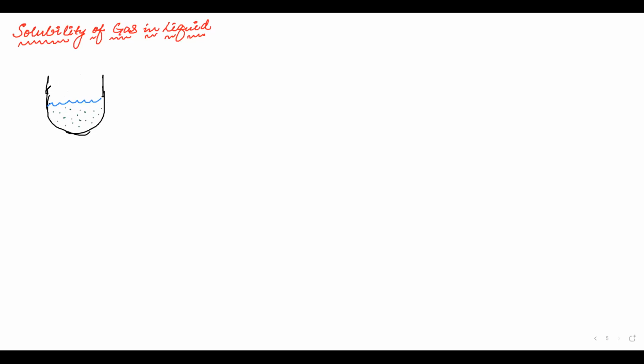The escaping tendency of H2O molecules, that is liquid, or the escaping tendency of gases, which can escape much more easily from this solution? The gases. So I can write that the escaping tendency of gas is greater than that of liquid.